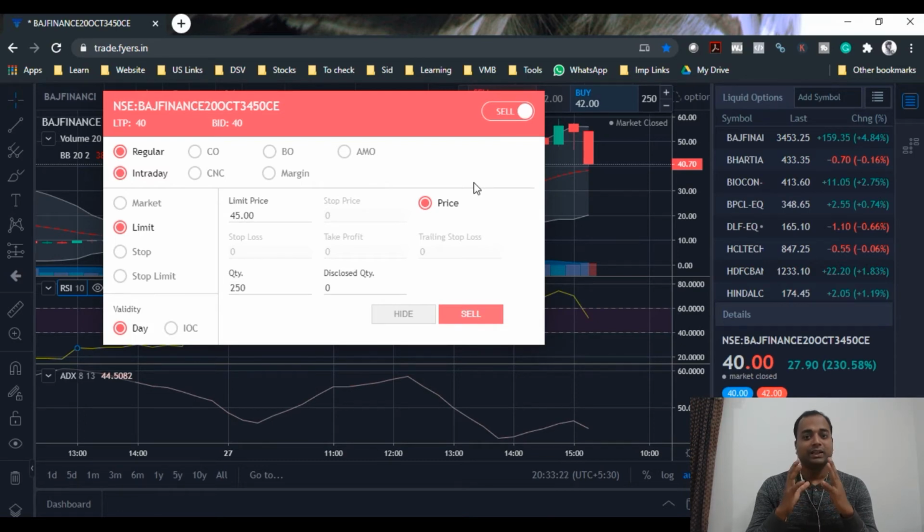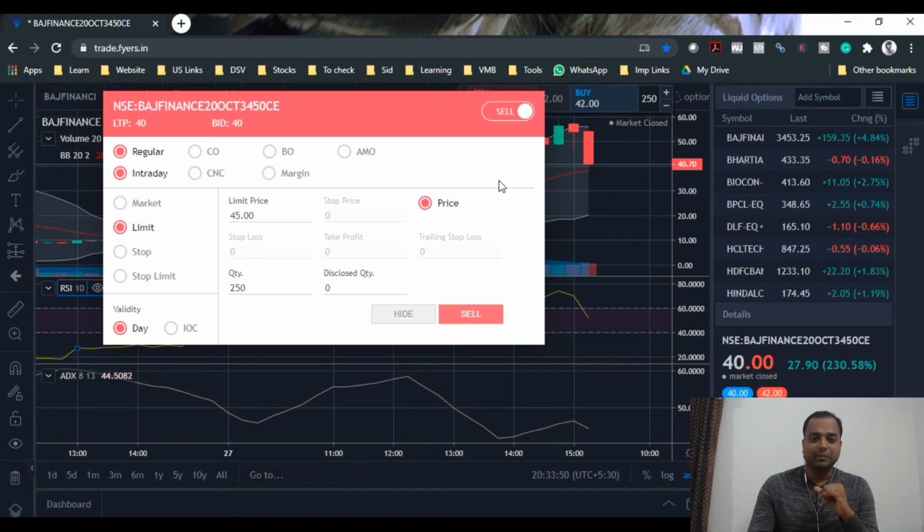So you select this limit function over here and set your limit price as 45. After that simply click sell. Your order will automatically be placed with the broker for selling at 45 rupees per share. Even if you are away from your system, the broker will ensure that your stock gets sold at 45 rupees, not less than that.